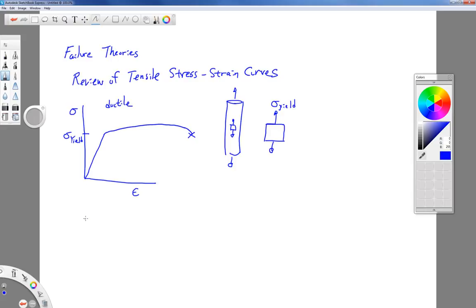Similarly, for brittle materials, the stress strain curve starts out very similar, linear elastic. For brittle materials, there tends not to be much curvy part to the stress strain curve. It tends to break, and you reach this ultimate stress when it finally breaks. So the point of this is, if you have a ductile material, they tend to fail because of shearing stresses.